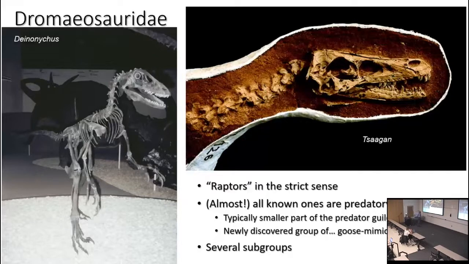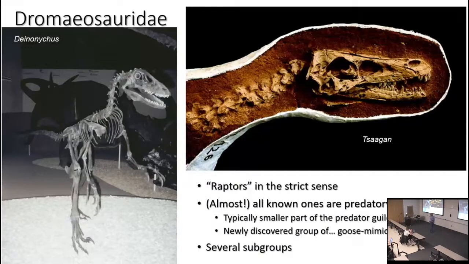So, in colloquial dinosaur communications, these are the raptor dinosaurs in the strict sense, Velociraptor and its kin. Now, there's no definite definition for raptor in this context, and so some people use it for any theropod, some people use it for all Deinonychosaurs. It really doesn't matter. I mean, raptor has a connotation in the terms of modern ornithology as well for predatory birds.